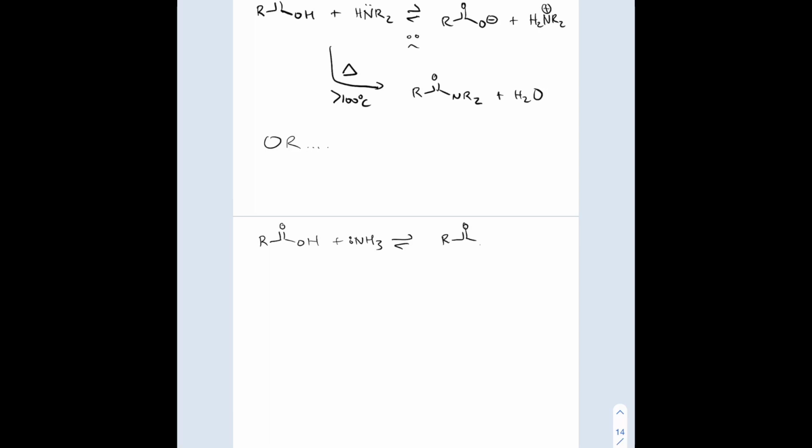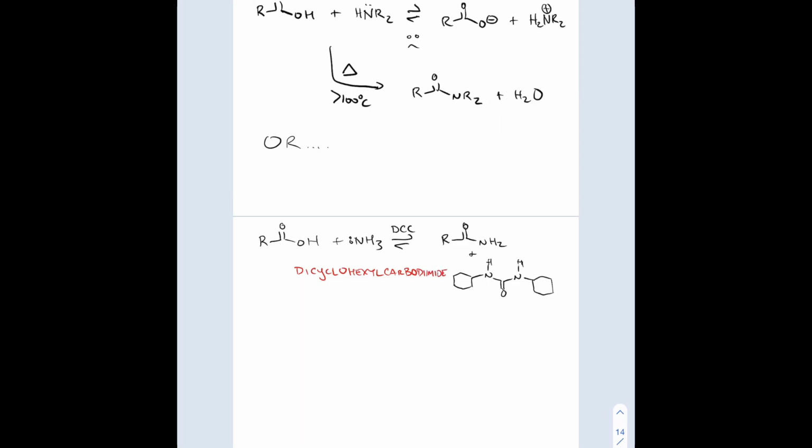Or to get more reasonable temperatures or reaction conditions, you can convert a carboxylic acid to an amide using something called DCC. So DCC is written above the reaction arrow and is dicyclohexylcarbodiimide.